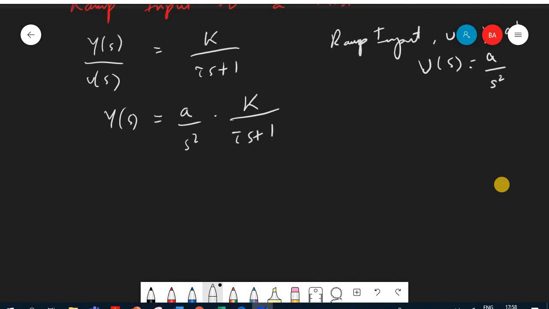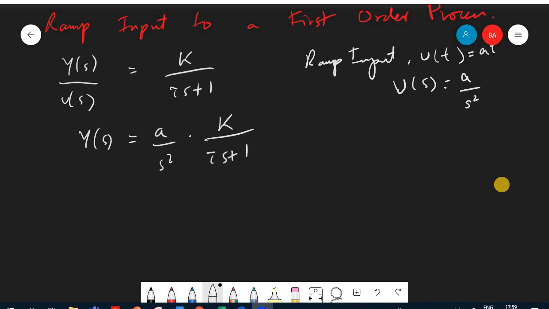And now there's more math to do here, and you need to do partial fractionation: a over s plus b over s squared plus c over tau s plus 1, and you're going to find the values of a, b, and c. We can see that there's a constant term, a term with t, and an exponential term.